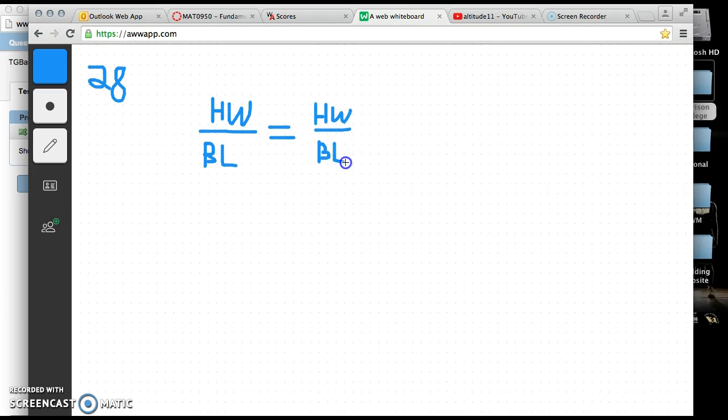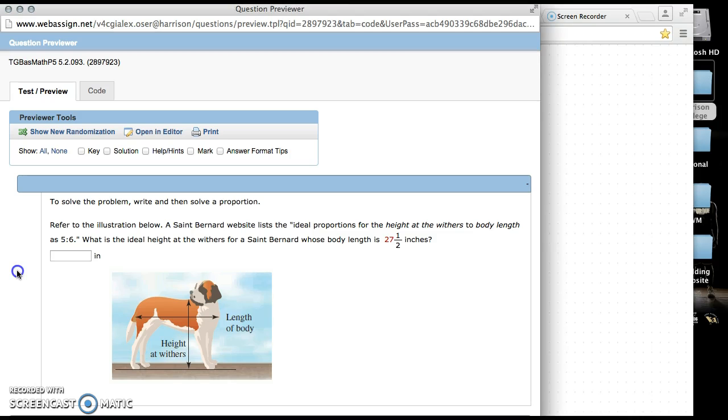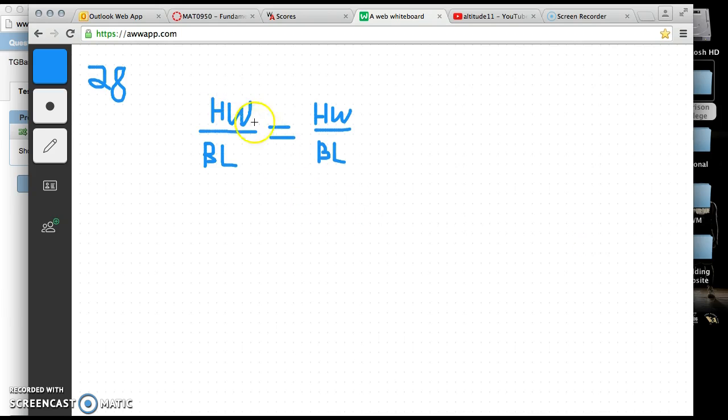All right, so this website tells us what that ideal proportion is. It says the height at withers to body length is 5 to 6. So height at withers, 5, to body length, 6.